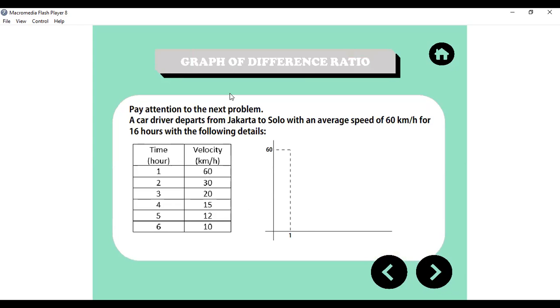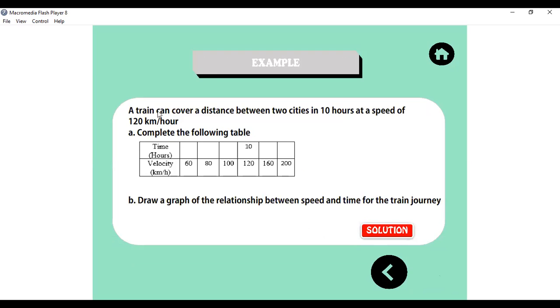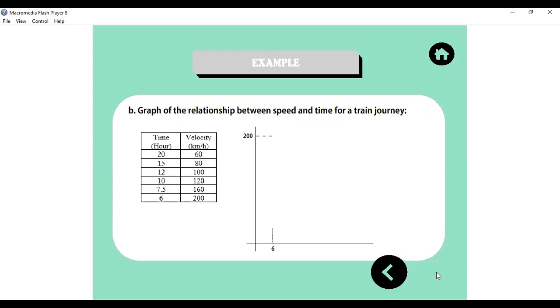And for the graph, I also give the illustration and the animation to draw the graph. And I give the example. This is the solution.